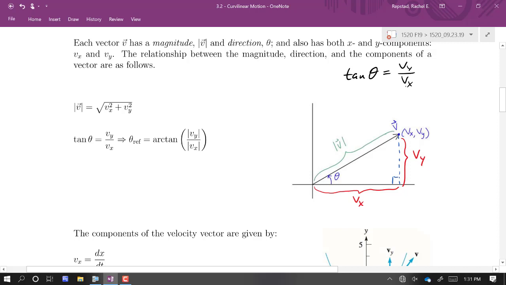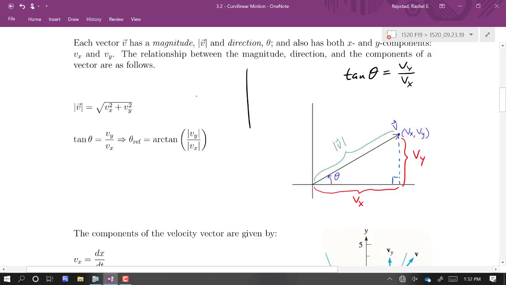But notice I didn't just write theta, I wrote theta ref. I'm indicating it's a reference angle, because the arctan function will not spit out an angle that's in quadrants 2 or 3 ever. And even if it spits out an angle that's in quadrant 4, it will express it as a negative angle. It won't be from 270 to 360.